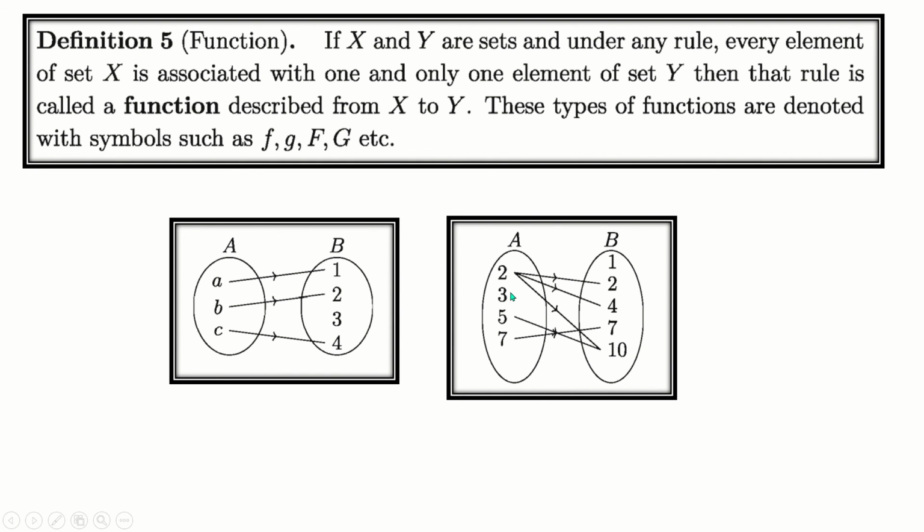And every element of the set A must be connected; here 3 is not connected to any element of the set B. So this is not a function. Clear? And you can also follow the third lecture of Higher Mathematics, exercise 1.2.